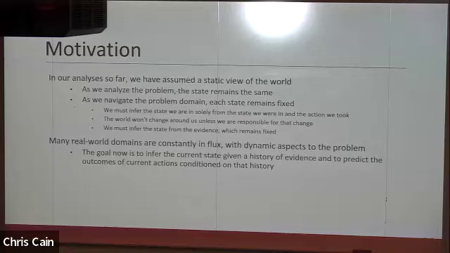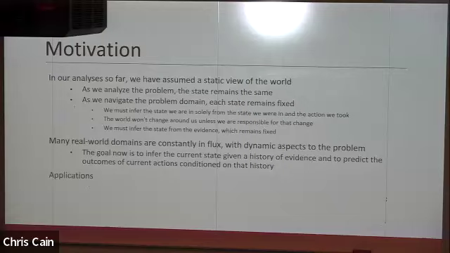So now we need to infer the state of the world given this history of evidence, which is really just measurements. We're going to take measurements, see what the world looks like from our perspective, and then make an intelligent guess as to the state of the world based on what we've collected.